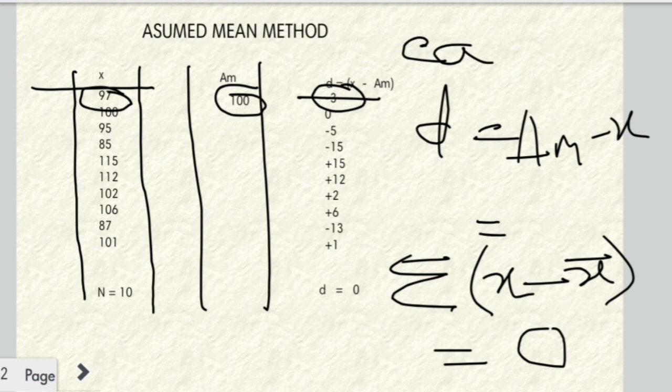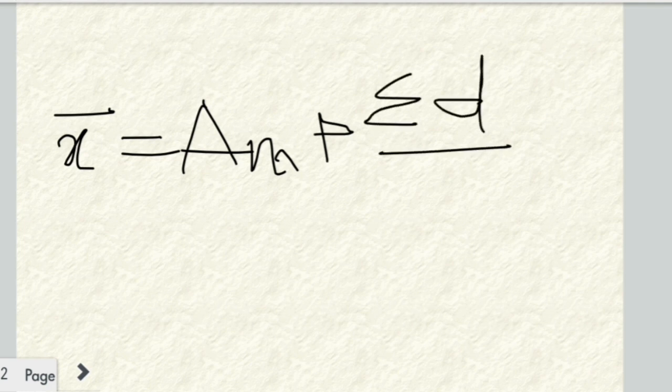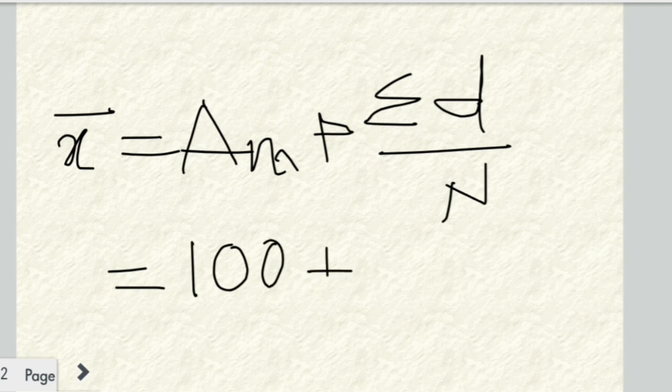Okay, assumed mean equals AM plus summation d by n. Here AM equals 100, summation d equals 0 and n is 10.